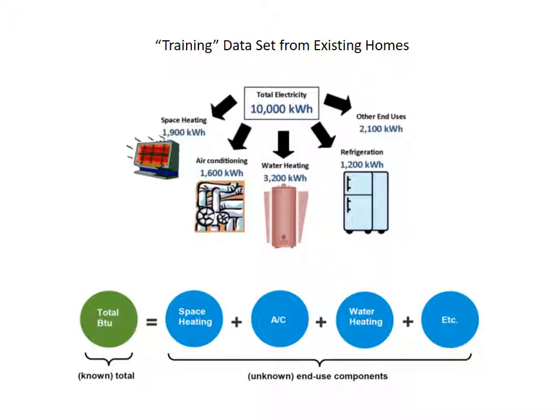Now, the way we get that information, or those estimates, so those are estimates, right? We don't actually do any sort of energy auditing on a per household basis. And the process that EIA, the Energy Information Administration, uses to make those estimates is worth talking about somewhat.